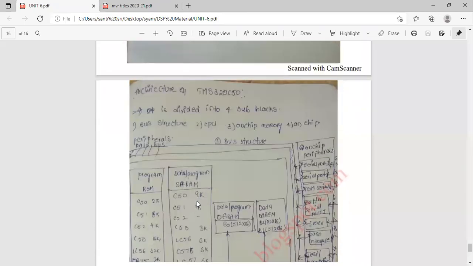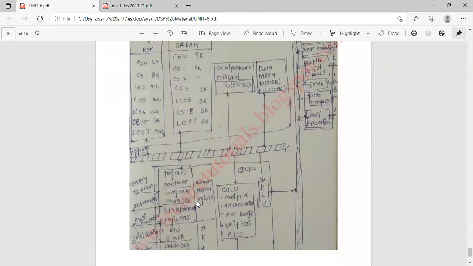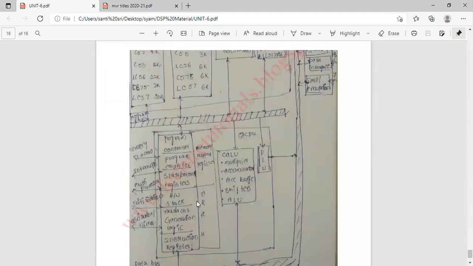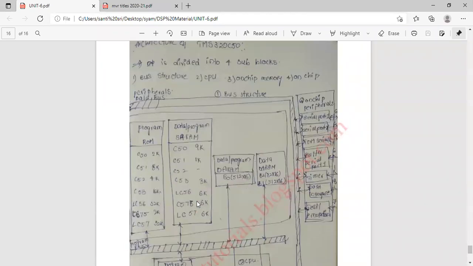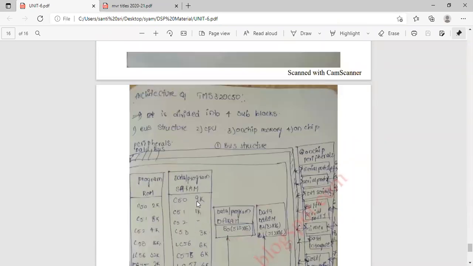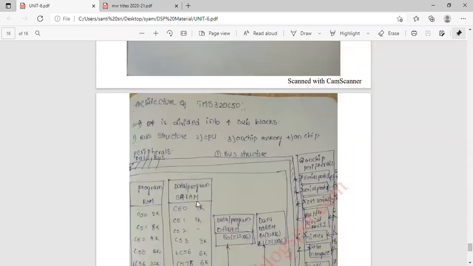And finally, this is the architecture of TMS320C50. This type of architecture is also there in our microcontrollers. It is divided into four sub-blocks. What are those four?